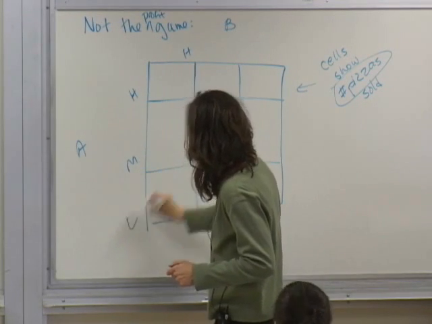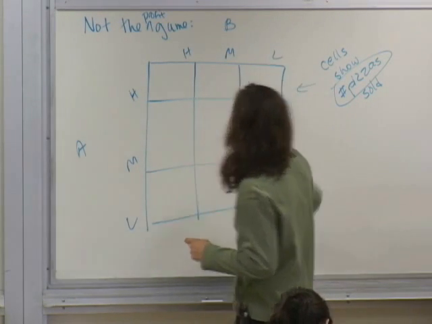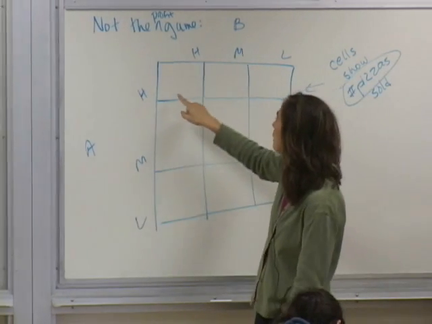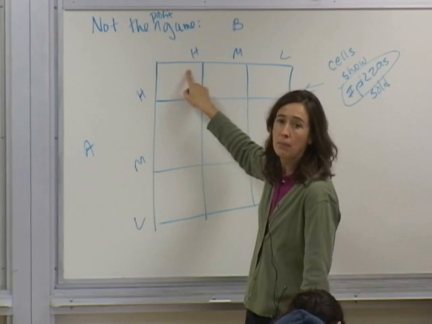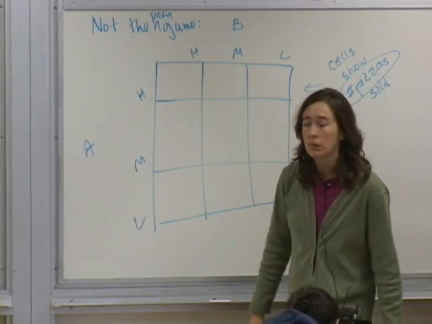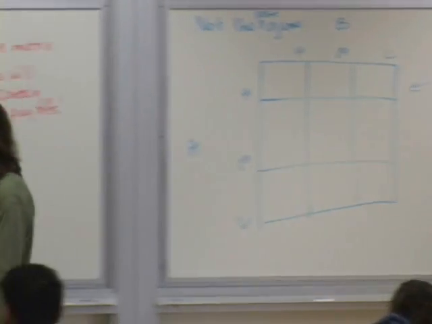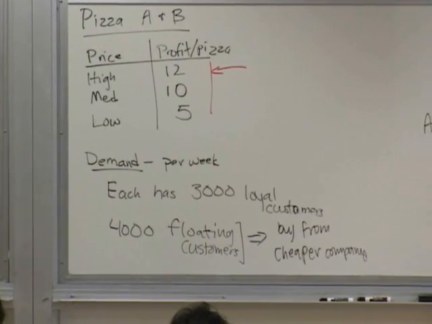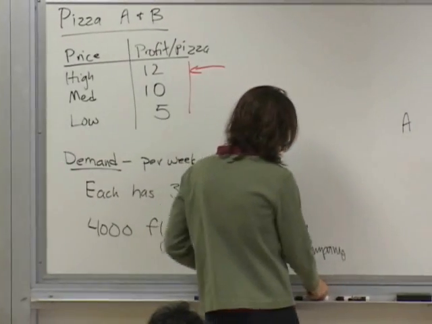Okay, so this is number of pizzas here. Depends on my price, depends on your price. Okay, so one thing that can happen is we can set the same prices. We can both do high, we can both do medium, we can both do low. Now I didn't actually say over here what the floating customers do then. I'm going to tell you now. Okay?